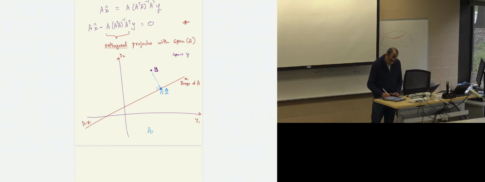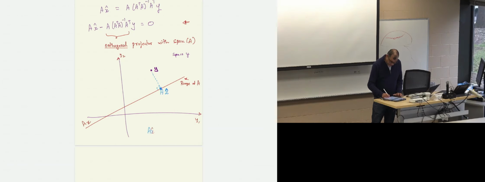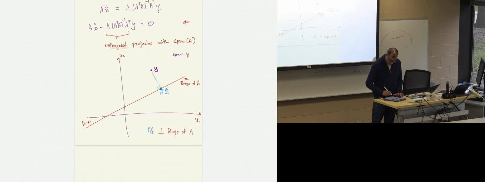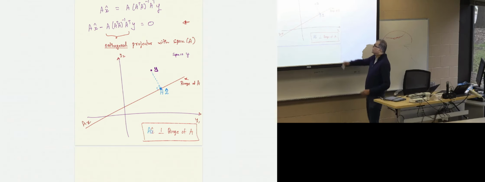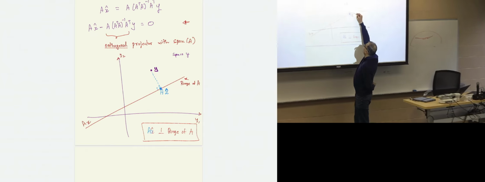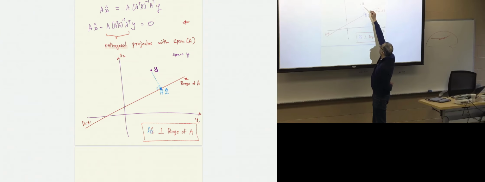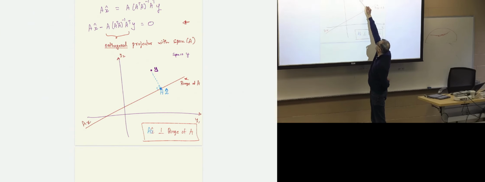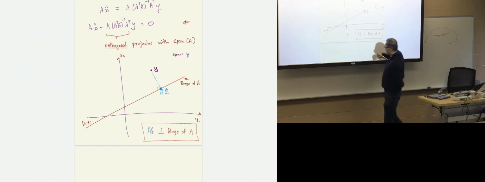Another way to think about it is that y minus A x hat is orthogonal to the range of A. This is the minimum residual you can have. If A x hat was equal to Y, there would be no error, no residual. Least squares gives you the minimum distance between Y and the best model you can have.